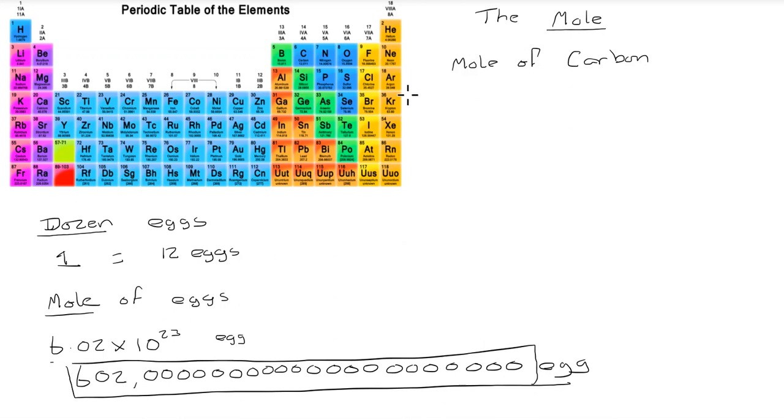So imagine you have 1 mole of carbon, and we use the capital letter M to represent the mole. So this means 1 mole. So 1 mole of carbon will have 6.02 multiplied by 10 to the power of 23 atoms of carbon in it.